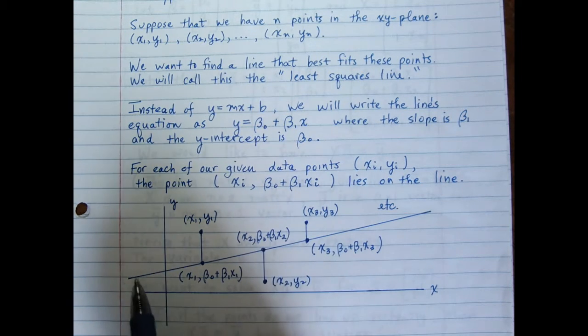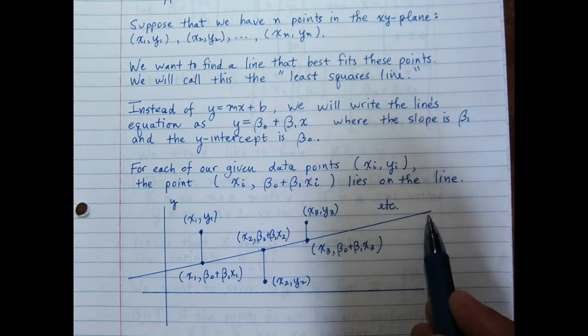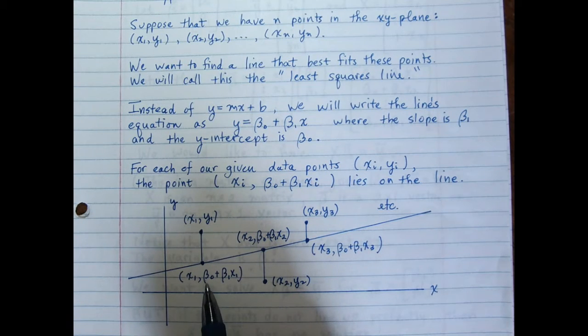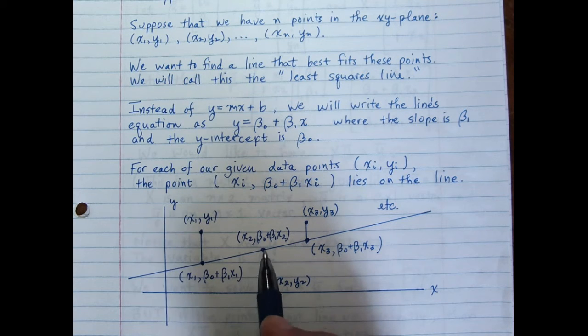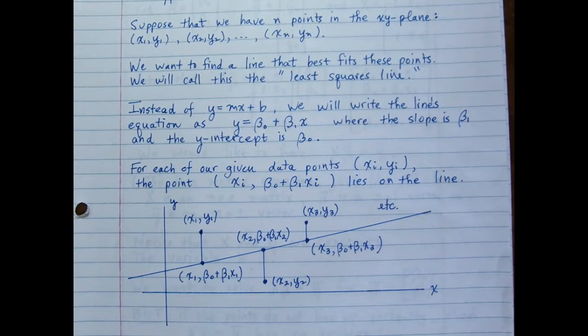They would be y coordinates on the line that best fits. So beta 0 and beta 1 are the unknowns here, and yet beta 0 plus beta 1 x1, etc., are y coordinates on the line that best fits.